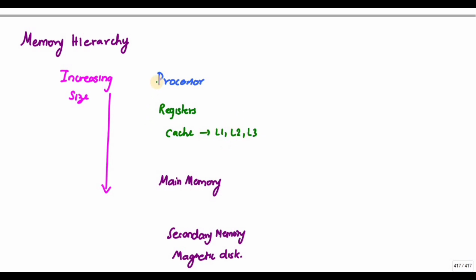So these three come inside a processor. Inside a processor, I have processor registers and cache. Generally, it is of two or more types, that is classified as L1, L2, and L3.